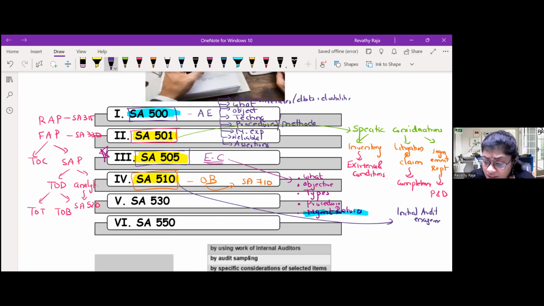If it is an initial audit engagement, your objective is to start the audit by obtaining evidence about opening balances. And if there is an issue, such as material misstatement or unavailability of evidence, you will report. Again, the link goes to SA 505, modify. You will give qualified, adverse or disclaimer. How do you do the procedure? That is audit procedure.